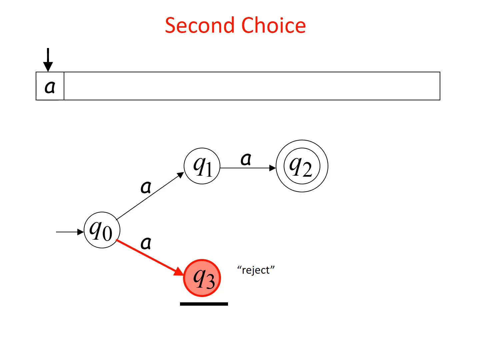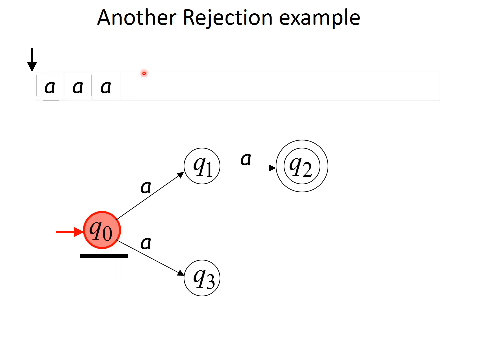In either case, it is in a rejecting state, even though the input buffer is empty, so it will be rejected. Now this is one more example on rejection. On 3 A's, we read 2 A's.